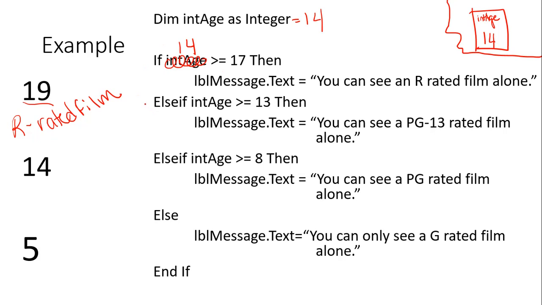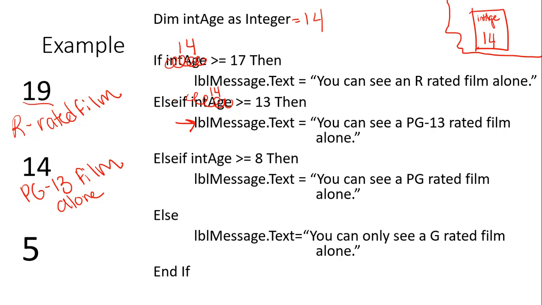So then we're going to go to our first else if, and we're going to see, is 14 greater than or equal to 13? Yes, right? 14 is definitely greater than 13. So since that's the case, we will go inside of that else if and display that they can see a PG-13 film alone.